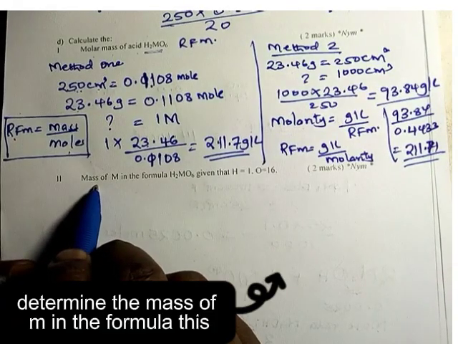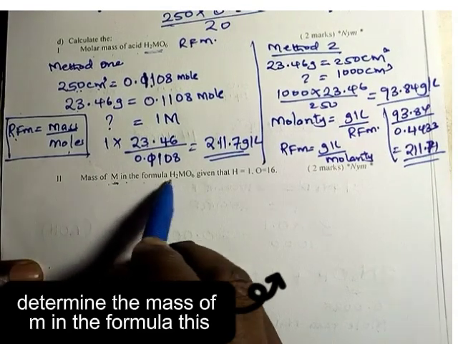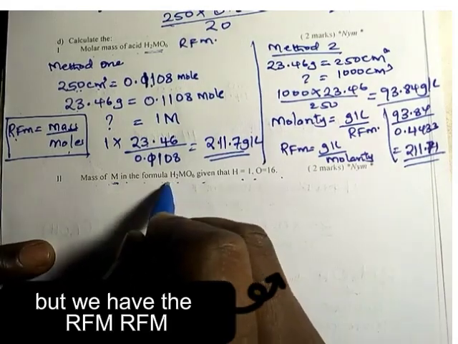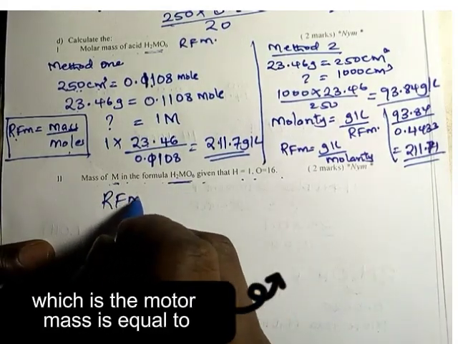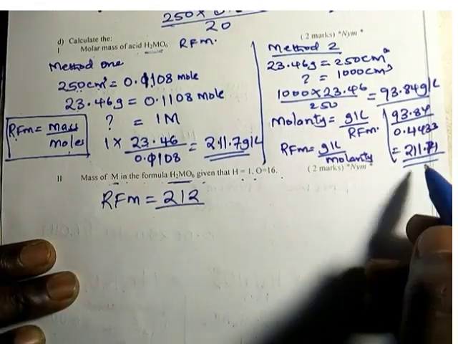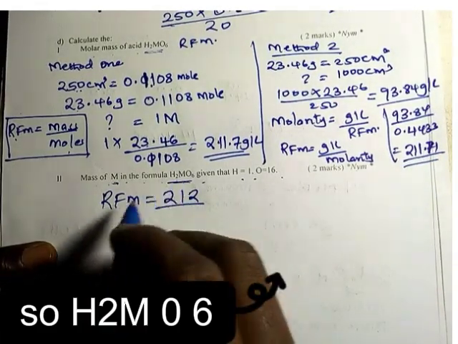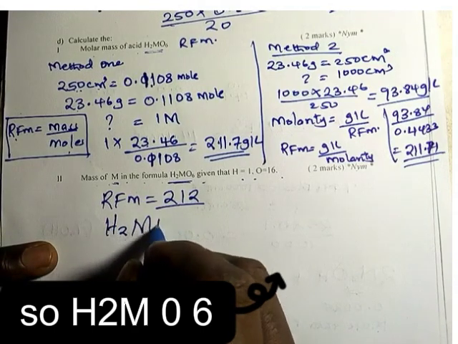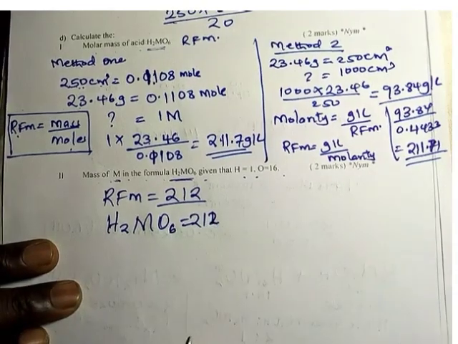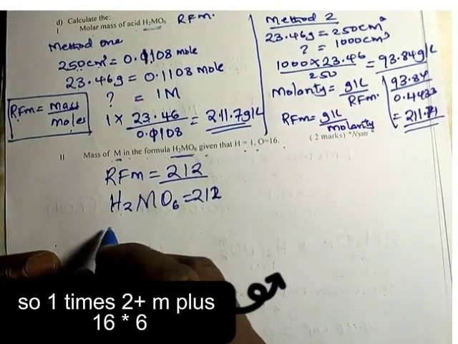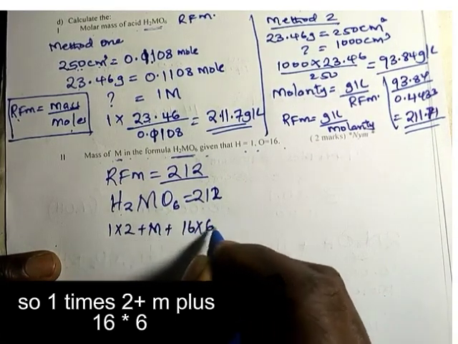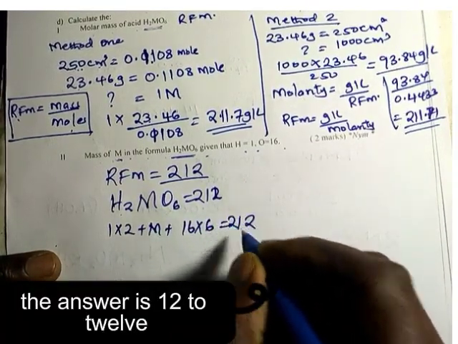Determine the mass of M in the formula, given that H is equal to this and that. But we have the RFM. RFM, which is the molar mass, is equal to, we can round off this one to 212. So, H2MO6 will be equal to 212. H is 1, so 1 times 2 plus M plus 16 times 6, the answer is 212.